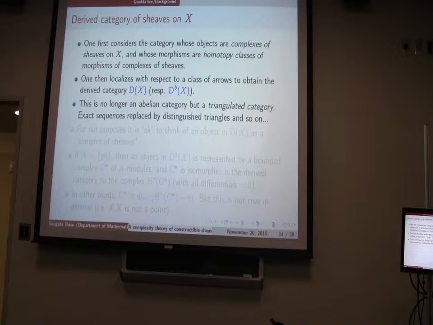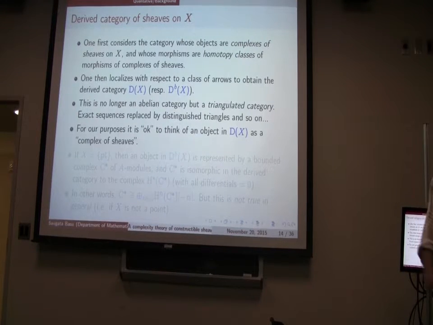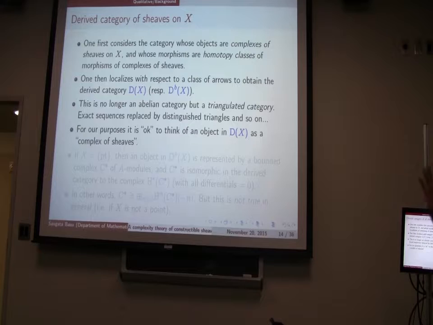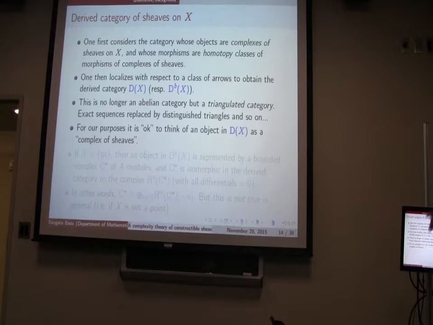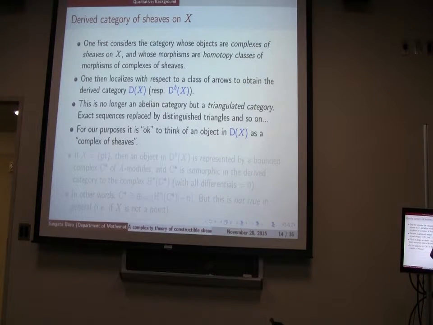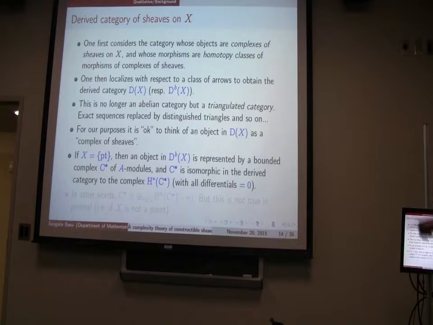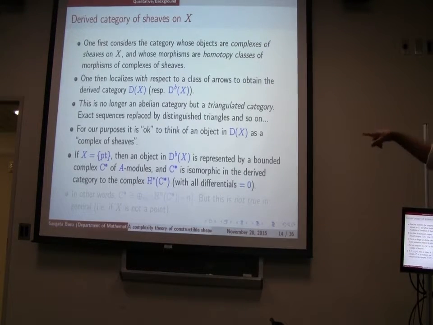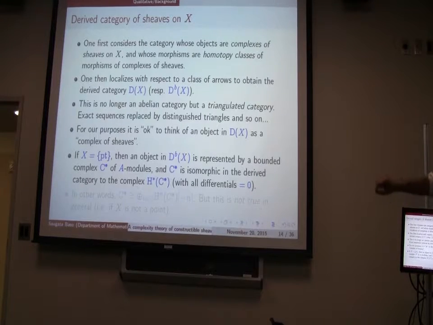But for our purposes, it's okay to think of an object as a complex of sheaves, forgetting about this complicated equivalence. And if X is a point, and your ring is just Q, then in fact it's perfectly okay, because a complex is isomorphic in the derived category to its homology complex. So you just take the homology and take the differentials to be all 0.